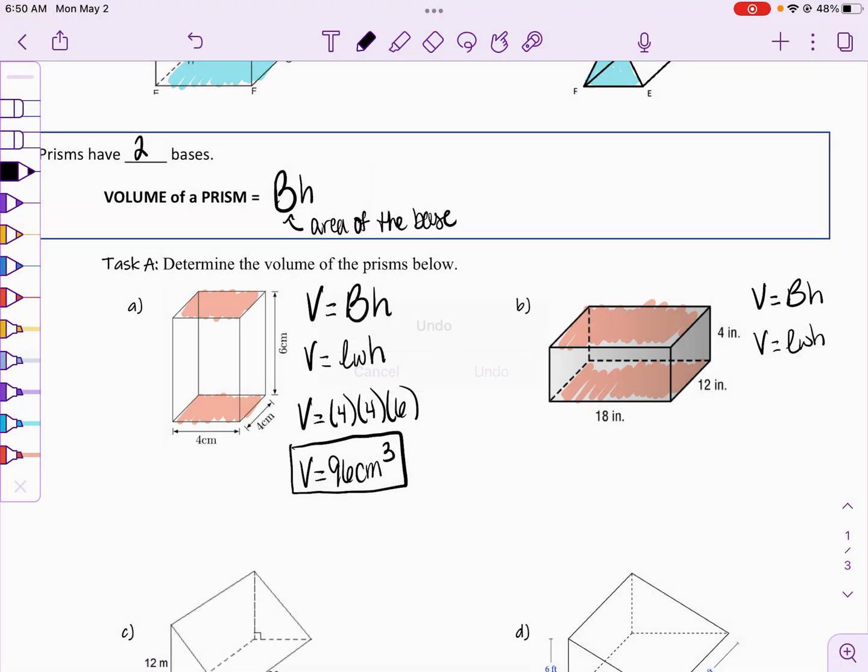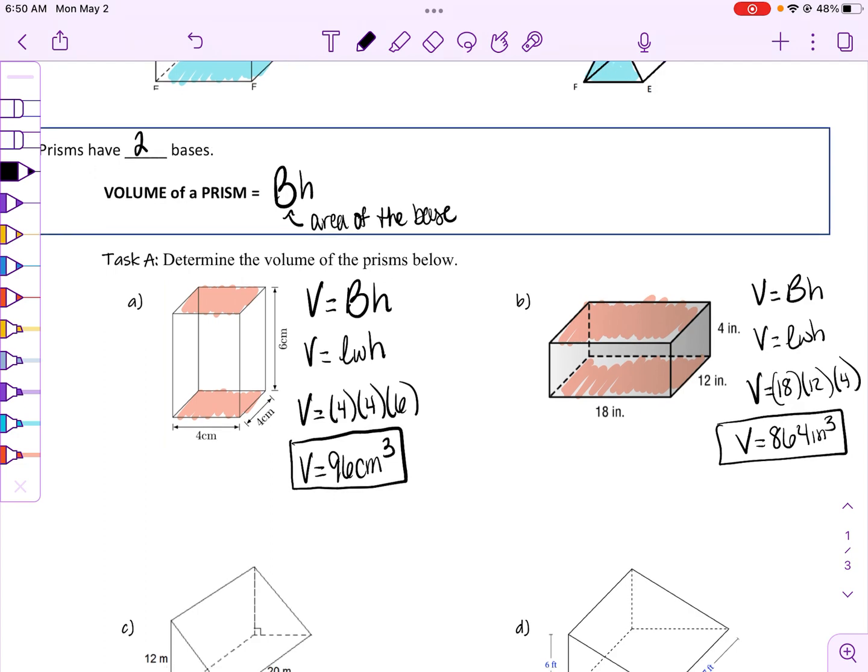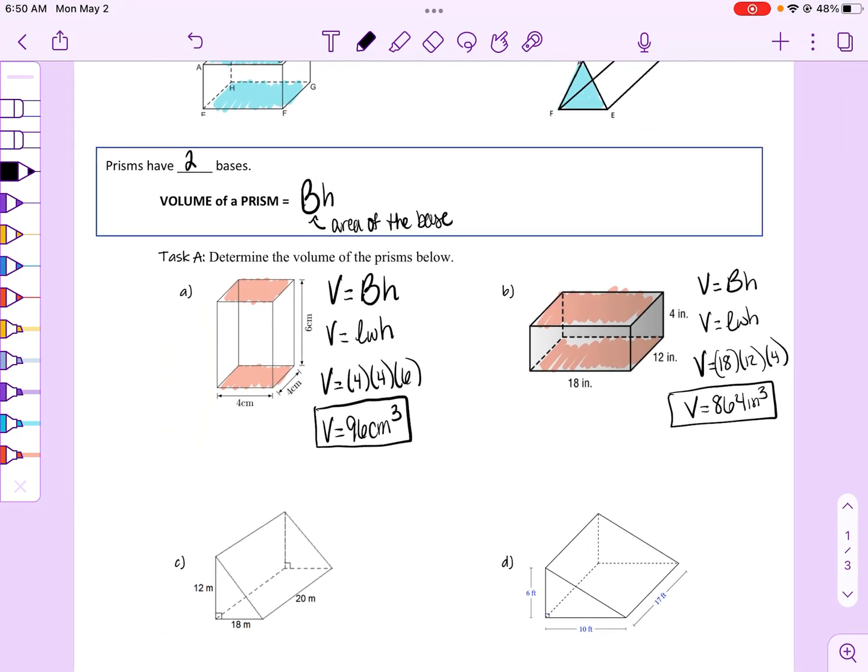And so volume is 18 times 12 times 4. And we get volume equals 864 inches. Okay, if you have questions, please write them down and I'll answer hopefully tomorrow.